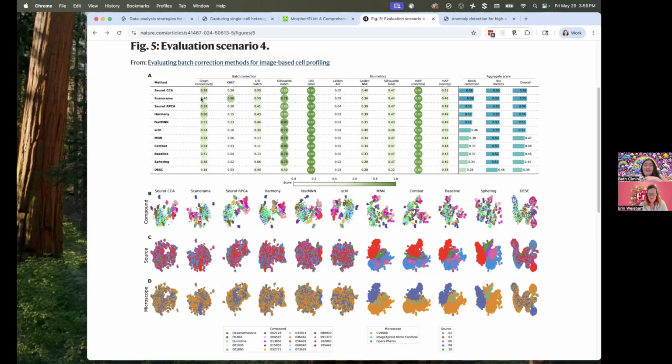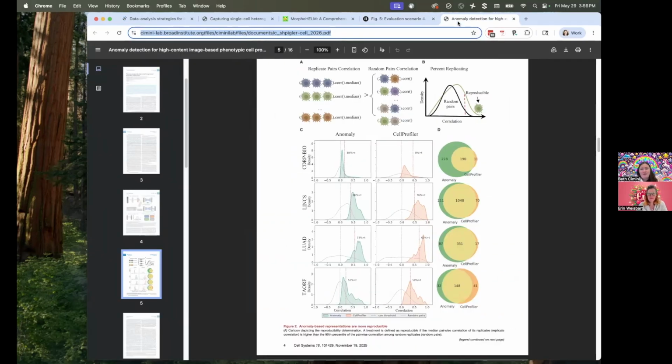We will see how well we can keep our biological knowledge and remove our batch knowledge with all of these different kinds of transformations. And what they showed is no one thing was better than the other, unfortunately.